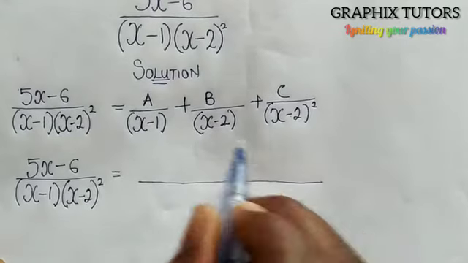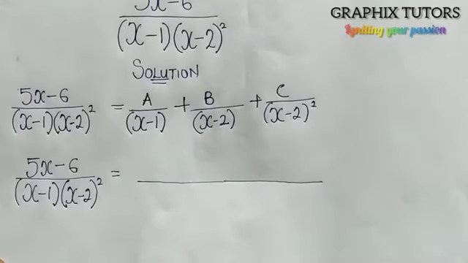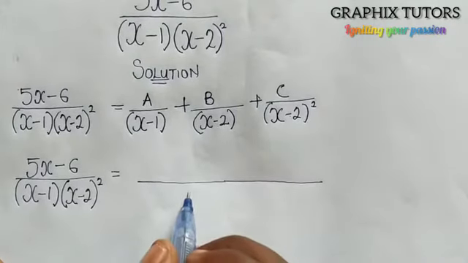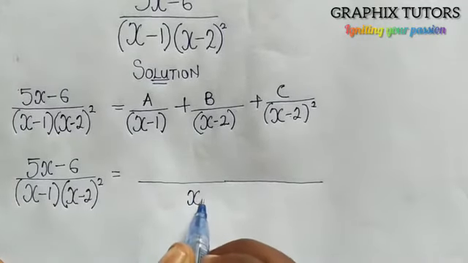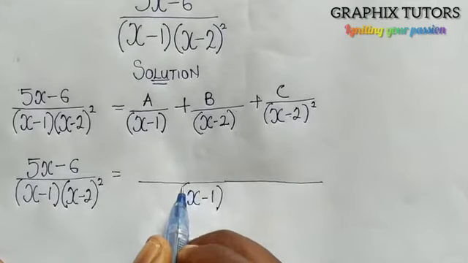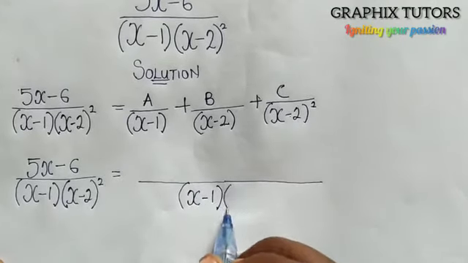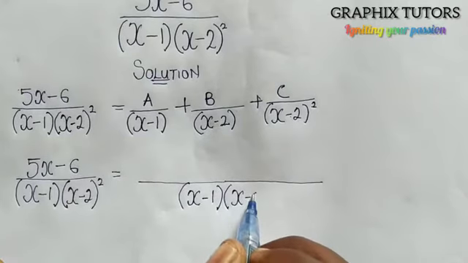The LCM will be everything here without repeating anything, right? So if I look for this, my LCM will give me x minus 1, right? I will be having x minus 2.